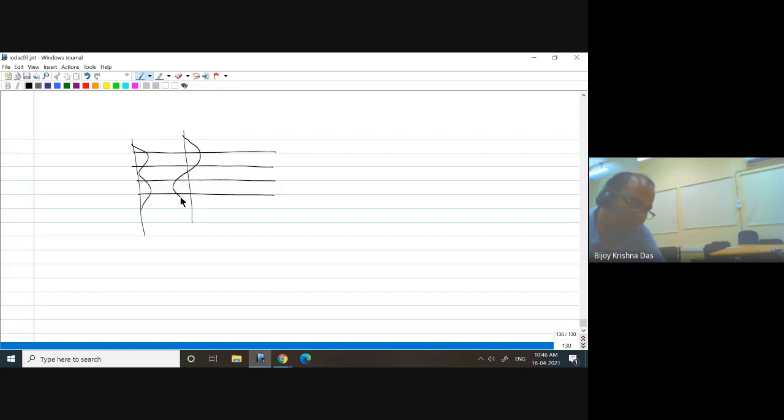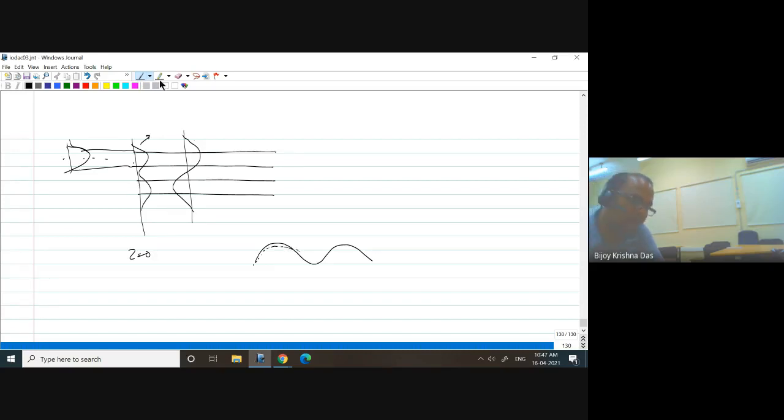You are launching a mode into this waveguide, and after reaching here it sees the coupled situation, then 50% will be excited to this mode and 50% to that mode. You can decompose these by superimposing: a symmetric mode like this, and then an antisymmetric mode like this.